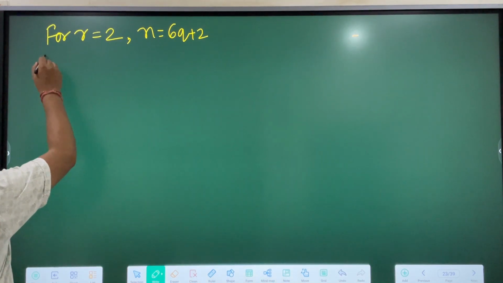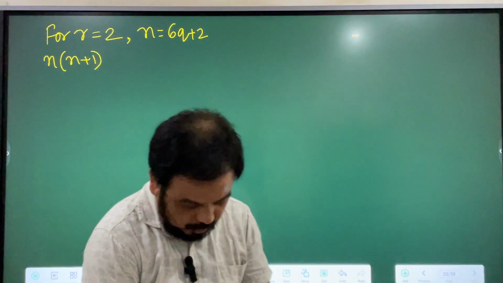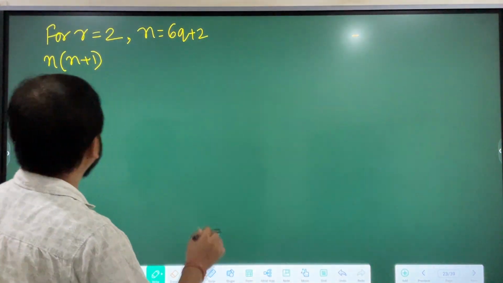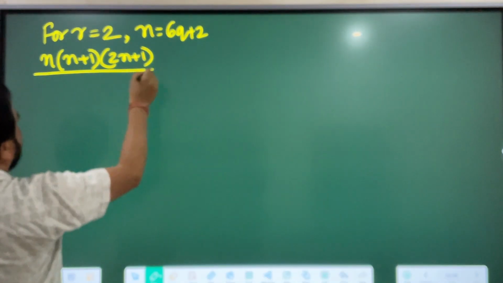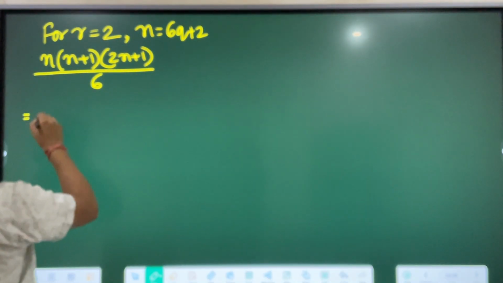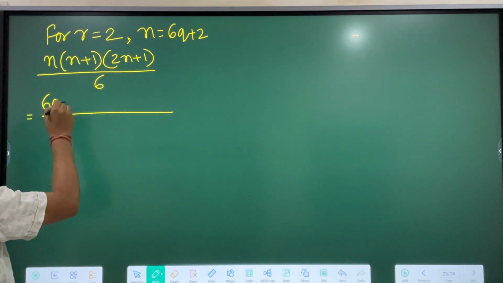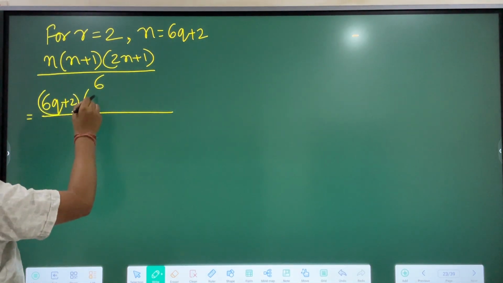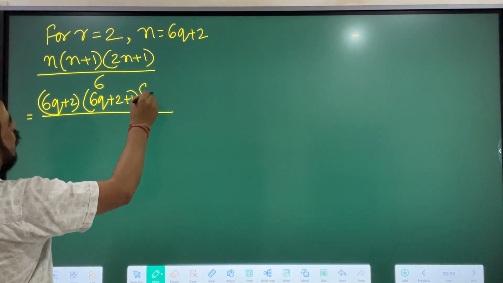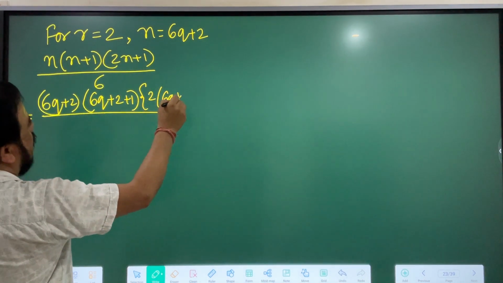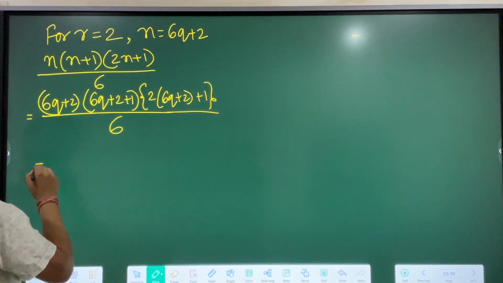Now, n into n plus 1 into 2n plus 1 by 6. n will now be 6q plus 2. In place of n, 6q plus 2. Again 6q plus 2 plus 1. 2 into 6q plus 2 plus 1, divided by 6.